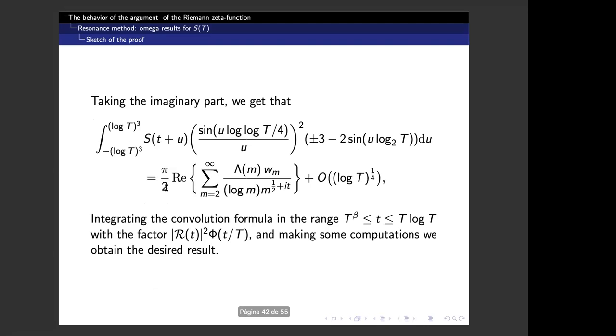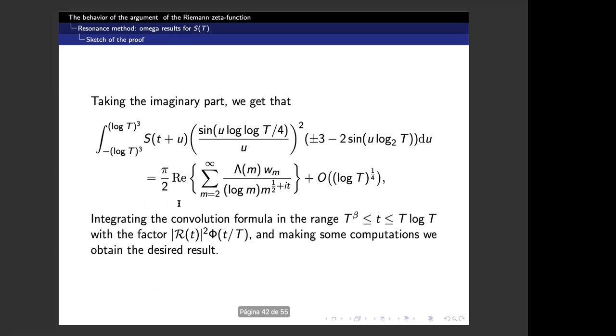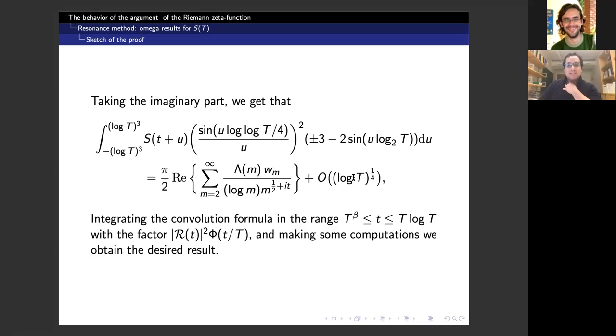And again, I multiply this series, you take the imaginary part, you return the real part of this series plus the error term. So now I can continue with the idea of Soundararajan's concept using the resonator. I multiply with the resonator and the Gaussian, I do the integration in this part, and I can make the computation.